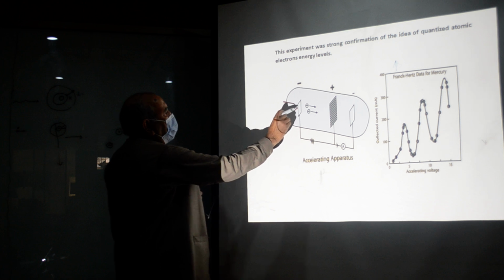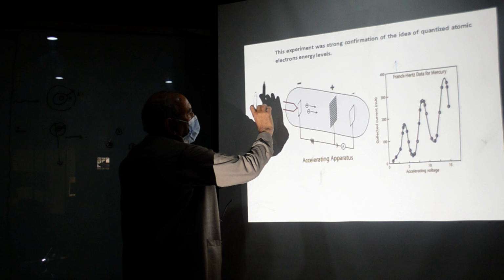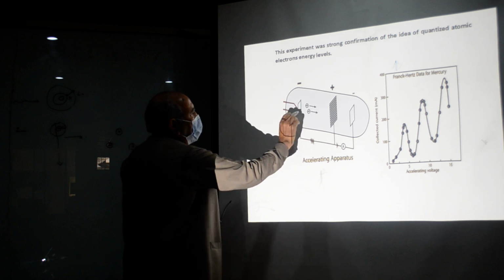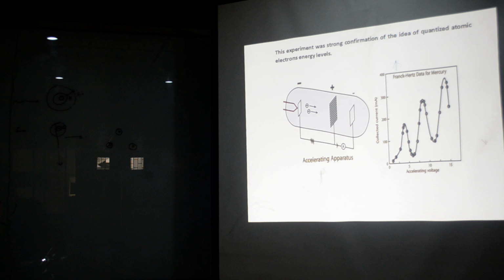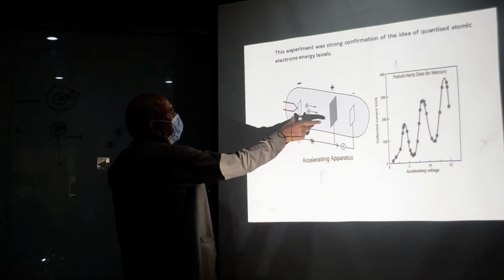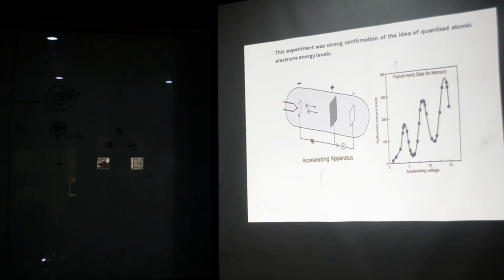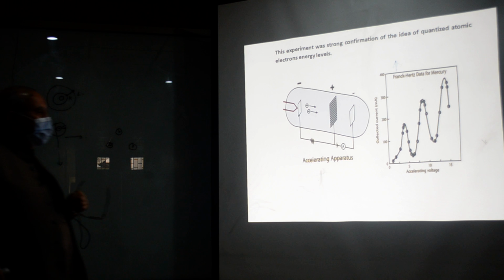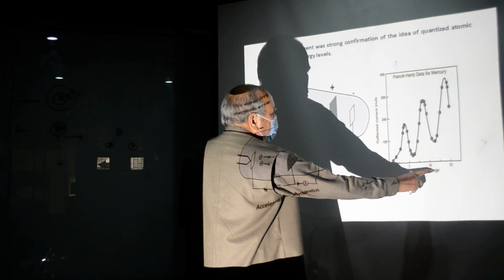The electron itself being negatively charged, a force will be exerted which will accelerate the electron toward the positive grid. I will keep on increasing the potential difference between them. And when I increase the potential difference, you can see here, this is the accelerating voltage.